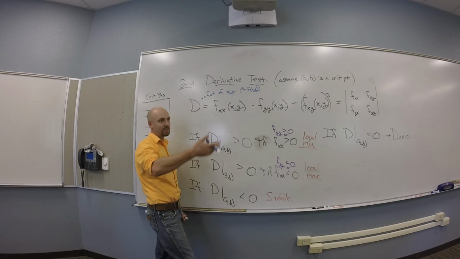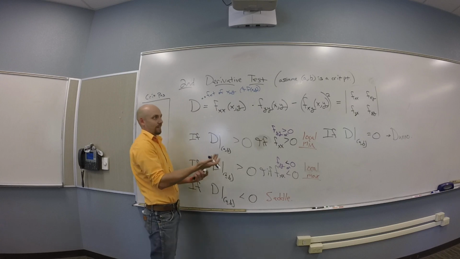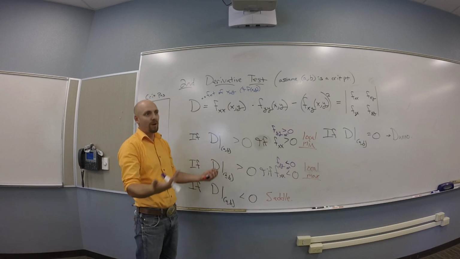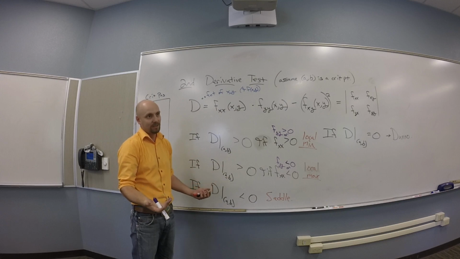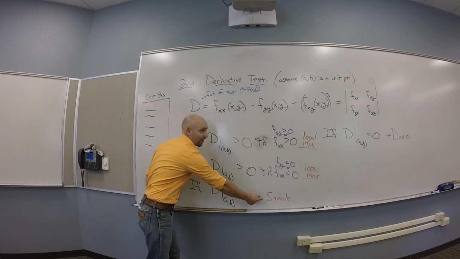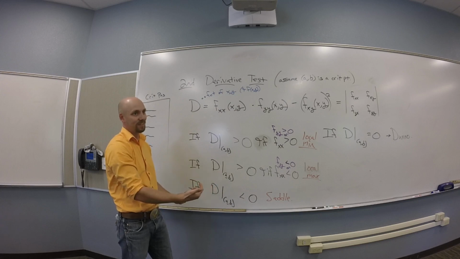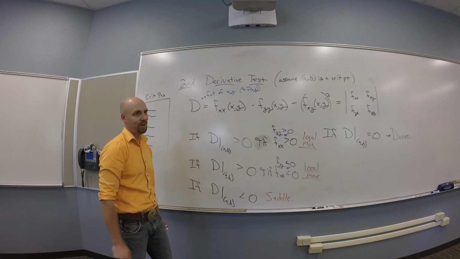It's not the top of anything, it's not the bottom of anything. It's just a point on the hillside. Who cares? But these guys are special, right? Because the tangent plane's horizontal there. That's big information. And then the saddleness is weird.